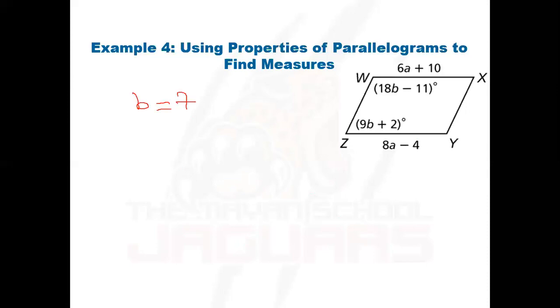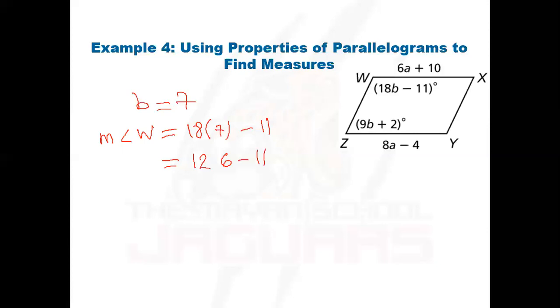So now, what would be the measure of the angle W? I replace it. It would be 18 times 7 minus 11. 8 times 7 is 56, keep the 5. 7 times 1 is 7, and 5 would be 126 minus 11.